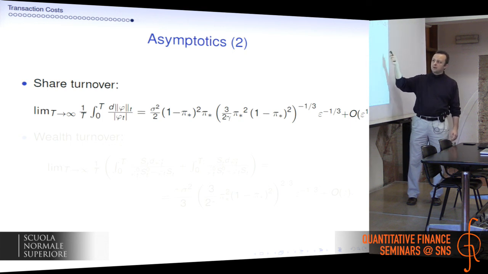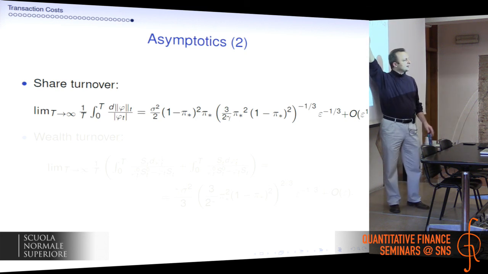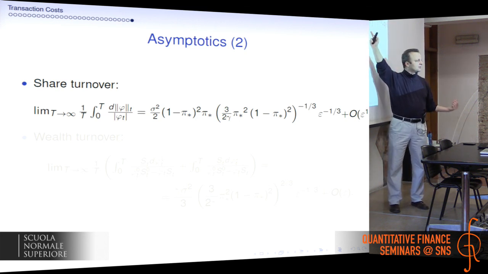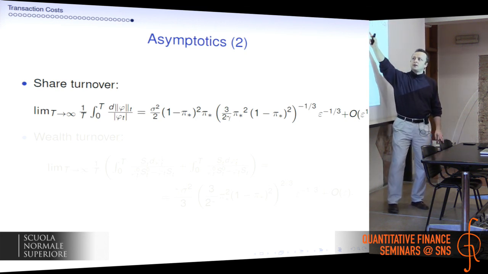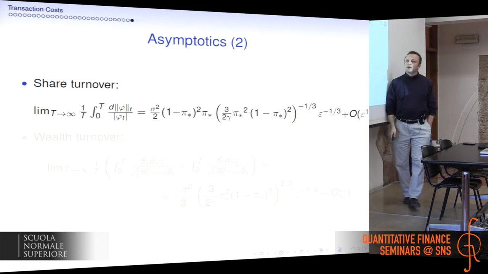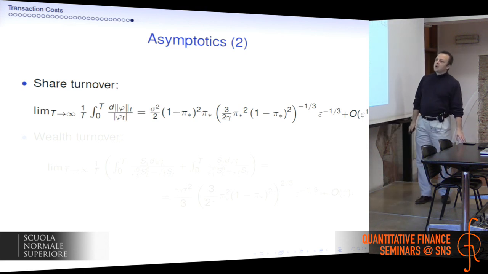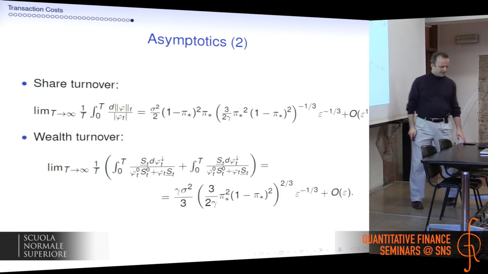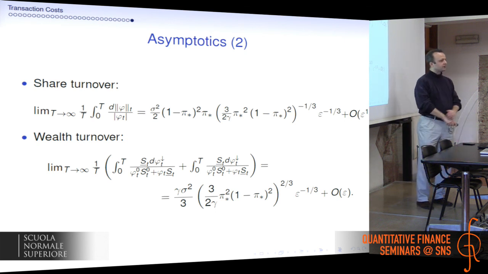You can estimate it asymptotically, and you get an expression that qualitatively looks like the ones we had earlier, but here you have a different weight for the pi star and 1 minus pi star parameters. And that pretty much concludes what I wanted to tell you, and I thank you for your attention.